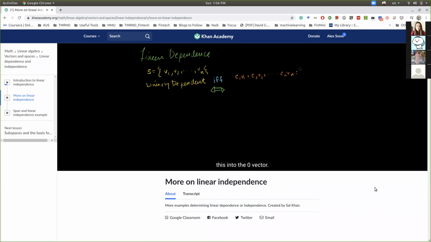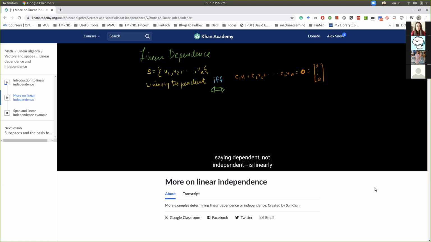So sometimes it's just written as bold 0. I mean, we don't know the dimensionality of this vector. It'd be a bunch of zeros. We don't know how many actual elements are in each of these vectors, but you get the idea. So my set of vectors is linearly dependent.